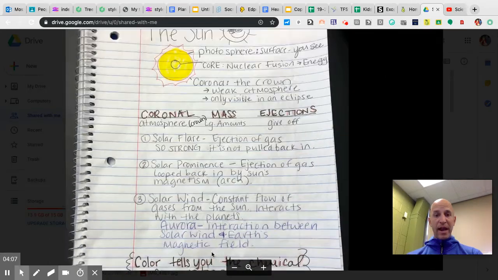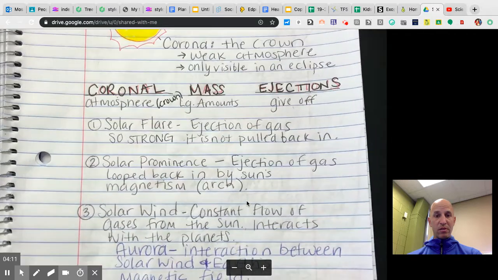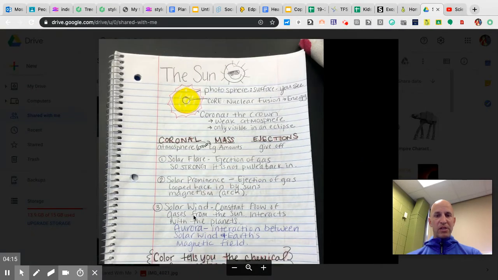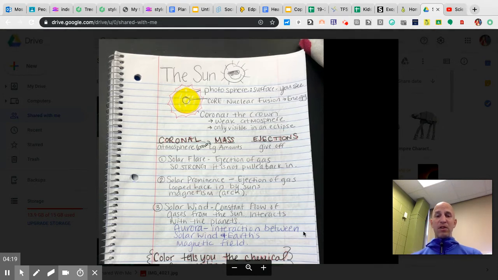Our third category of coronal mass ejections is called the solar wind. The solar wind is a constant flow of gases from the sun that interacts with planets like Earth. The Earth's magnetic field protects us from this solar wind, and it sends that solar wind to the north and south poles.